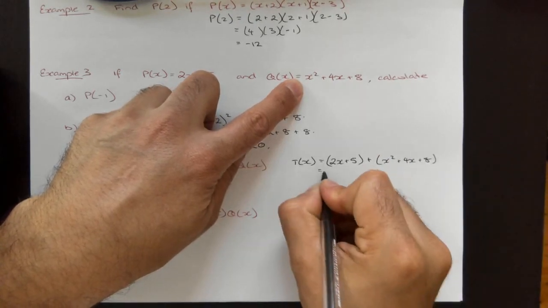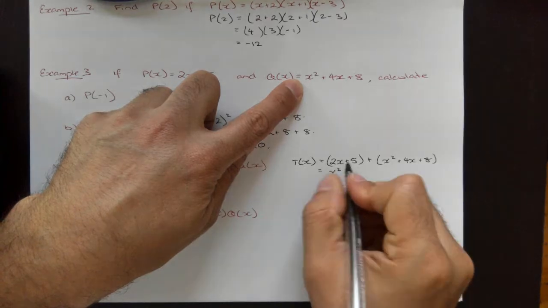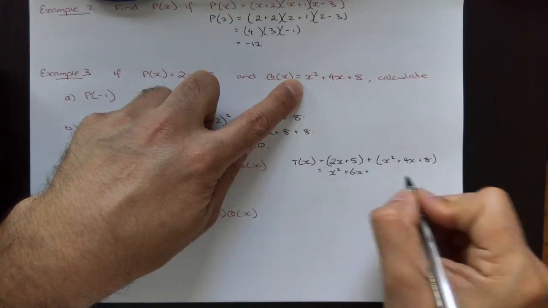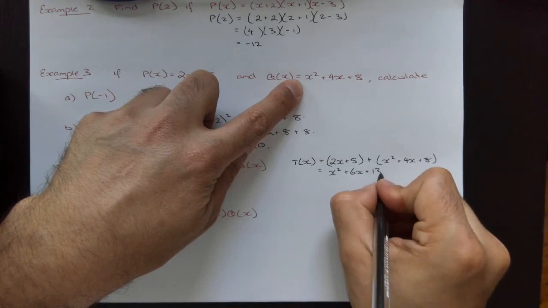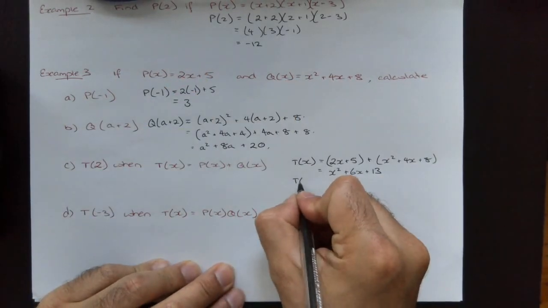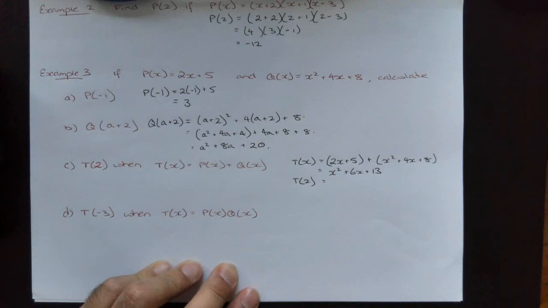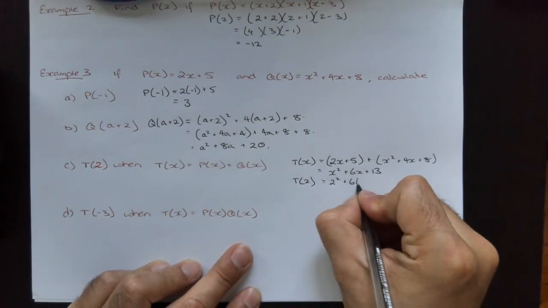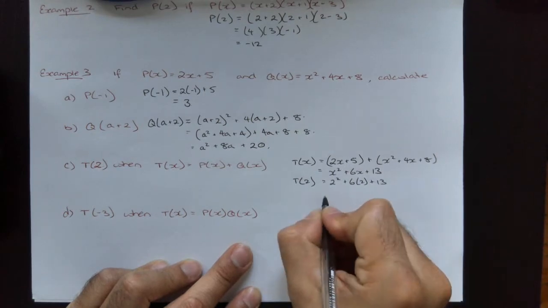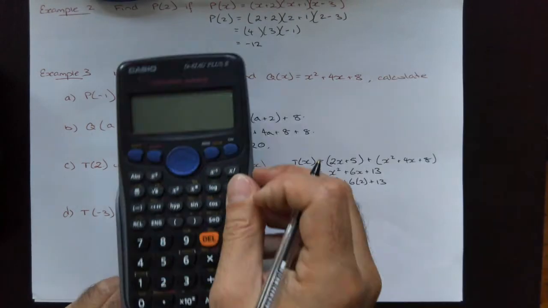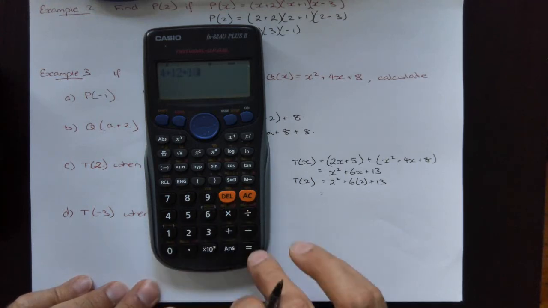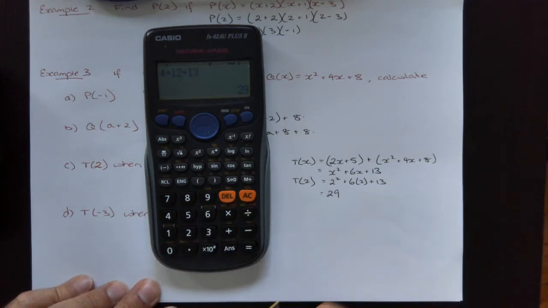So collect like terms, we get x squared, 2x plus 4x is 6x, and then 5 plus 8 is 13. And now we're going to plug in 2 for every time we see x. So that's 2 squared plus 6 lots of 2 plus 13. So 4 plus 12 plus 13, we get 29.